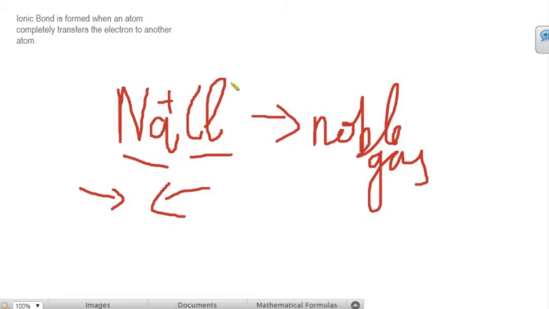Because it has 11 electrons and 11 protons, it gives away one electron to chlorine and thereby gets a positive sign, while chlorine receives one more electron, thereby getting 18 electrons and 17 protons, and receives the negative sign.